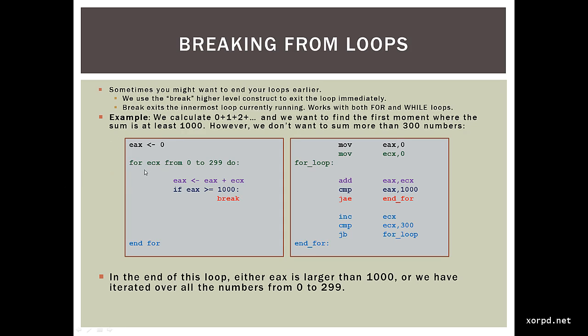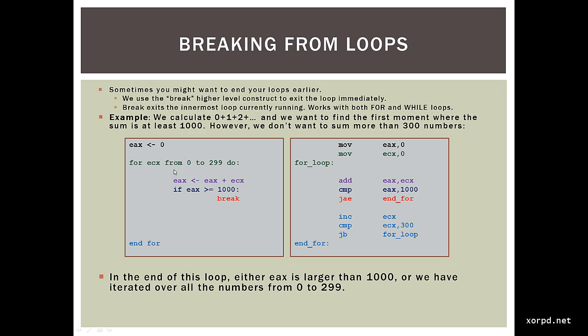And now we have a pretty usual for loop. We've already seen this kind of for loop, which is going to iterate from 0 to the number 299, and it is going to sum all the possible ECXs.